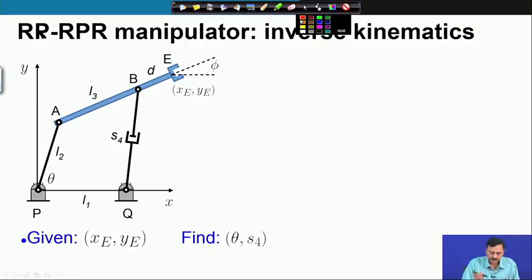Here we are given the coordinates of the end effector, and we are to find out the inputs, the actuator inputs, which are given by theta and S4.